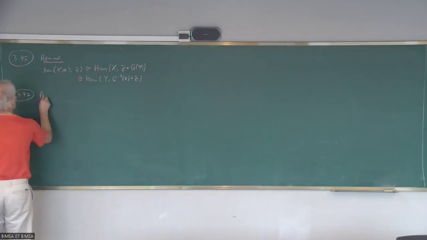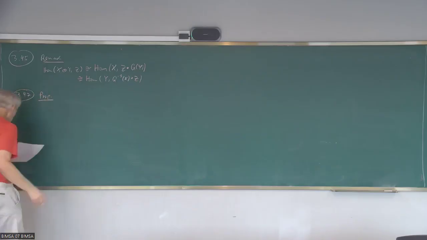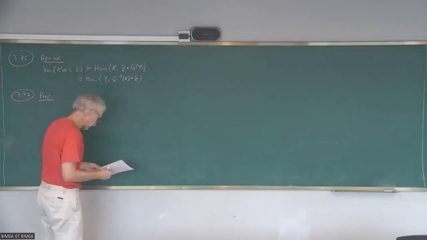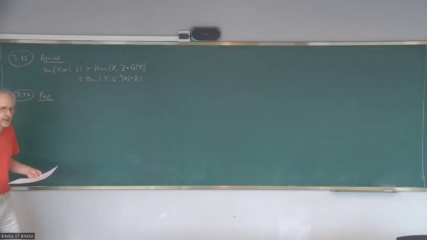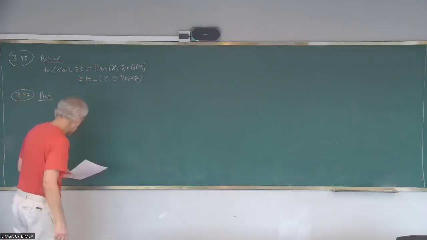And then there is the following proposition, again by Boyarchenko and Drinfeld, which tells in which sense the choice of dualizing object is structured.